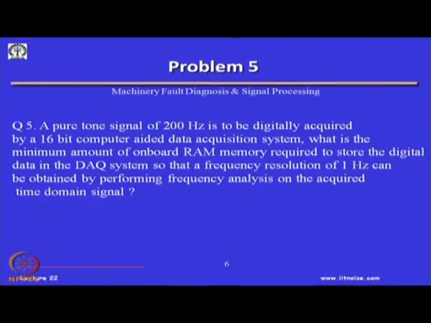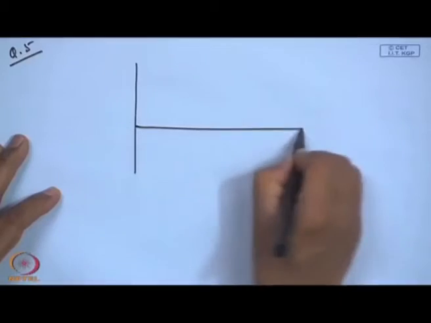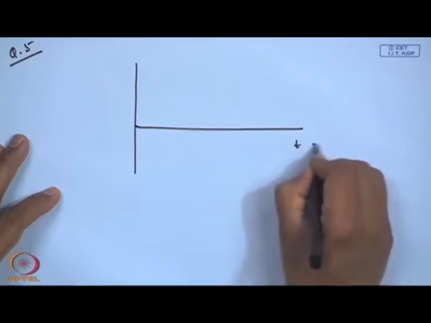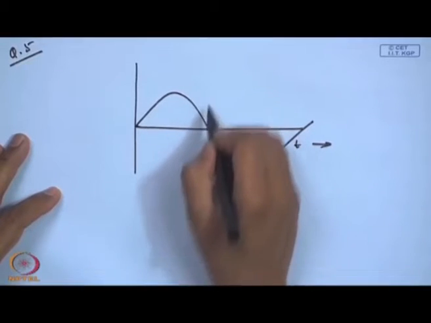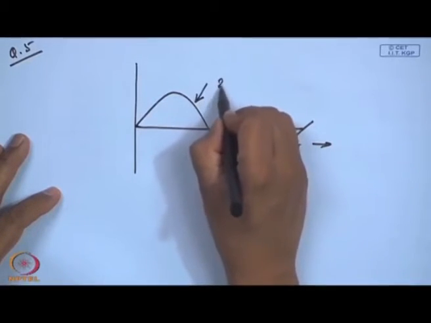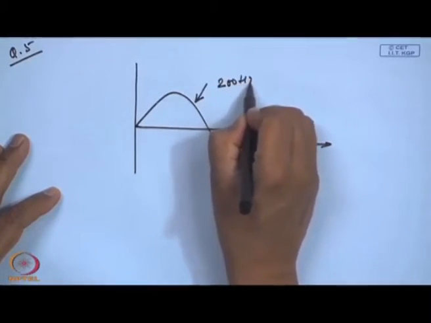As you know, there are 2-3 concepts which we require to solve this problem. For example, I have a pure tone. By a pure tone I mean a signal of a single frequency, and this pure tone signal is of 200 hertz.